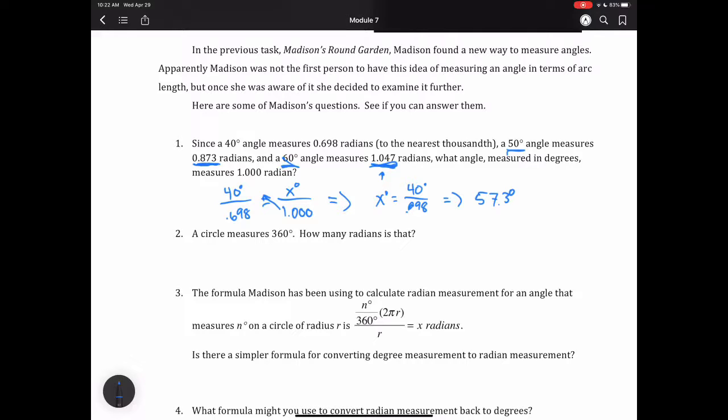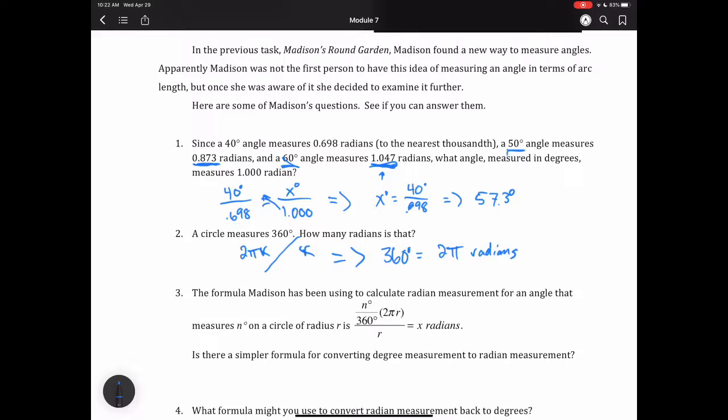So if the entire arc length of the circle is 2 pi r, and we know that the radius is r, we can do just like we did last lesson and divide them. So it'll be 2 pi r divided by r, and the r's cancel off, so 360 degrees, or an entire circle, has 2 pi radians, because those radii canceled off.